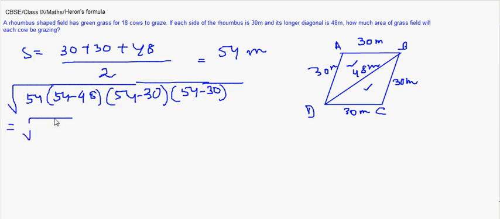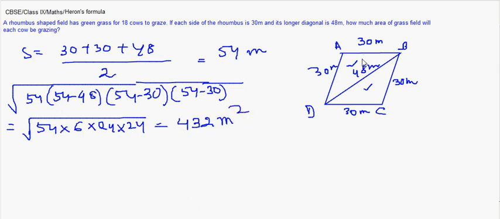This will be giving me 54 into 6 into 24 into 24, root over, I'm getting 432 meters square. That is the area of one triangle.